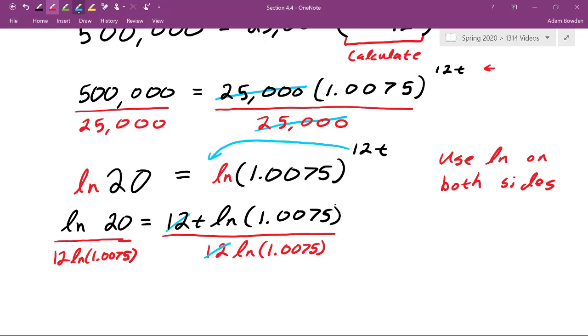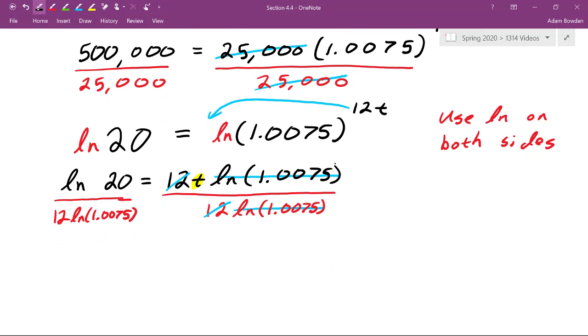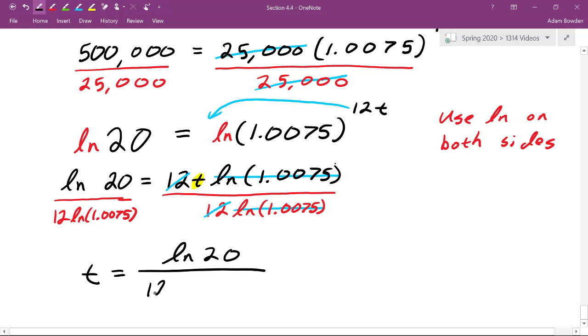And then that allows me to get rid of this whole ln thing here as well, leaving just the t as solved for. So what t is going to turn into is ln 20 all over 12 ln 1.0075.